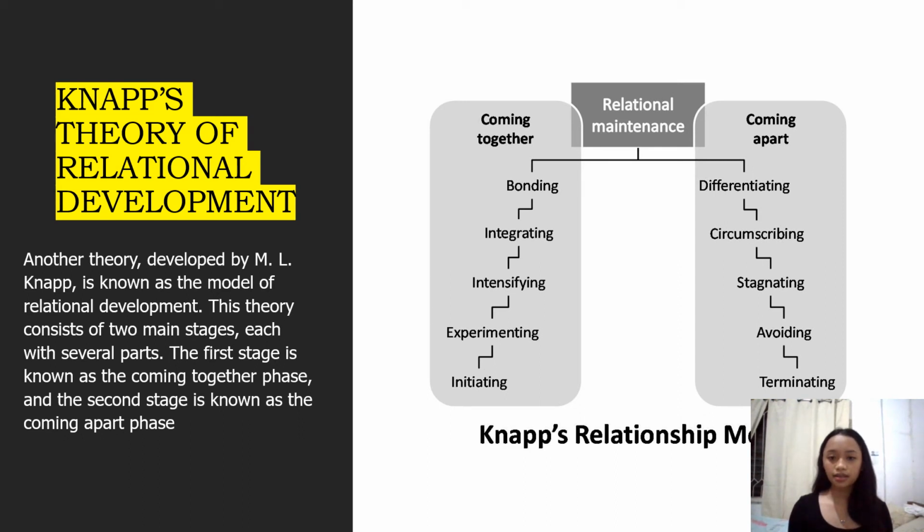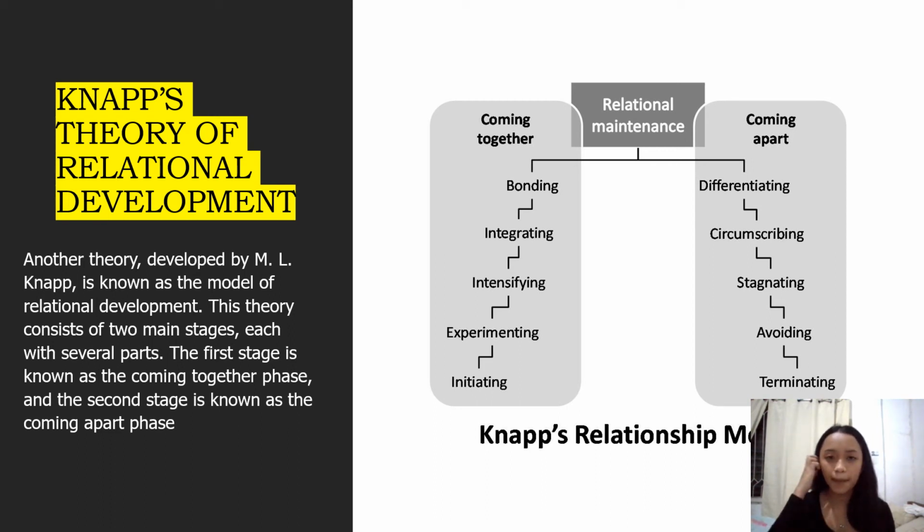Next will be the coming apart. The first phase in coming apart is differentiating. This involves focusing more on differences rather than similarities. Then next is circumscribing. The relationship shifts from differences to setting limits and boundaries in communication between the two people.